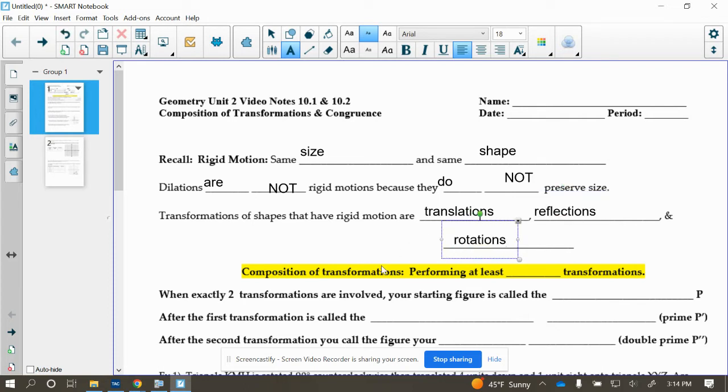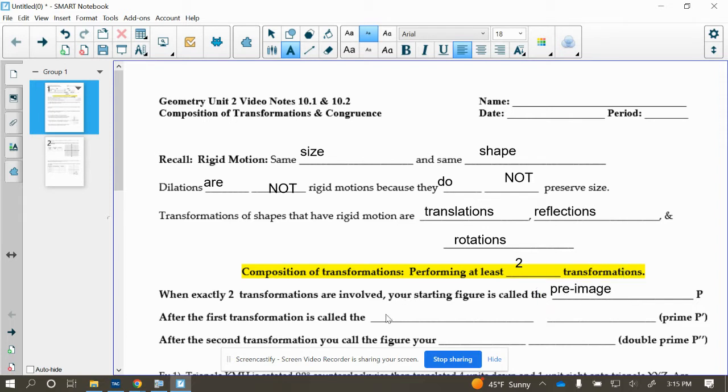Now, sometimes we are going to combine more than one of these. When we combine our transformations, that is called a composition, and that's when we perform at least two of our transformations, okay? As we've been talking about with just performing one transformation, we start each time with the pre-image. I'm going to call that point P in this example.